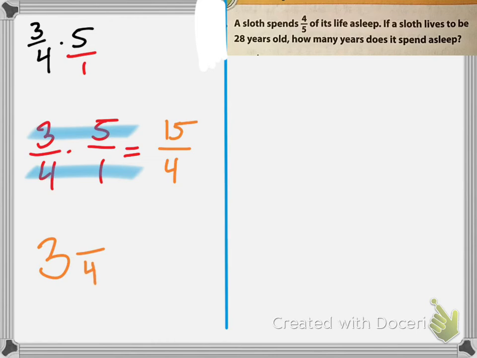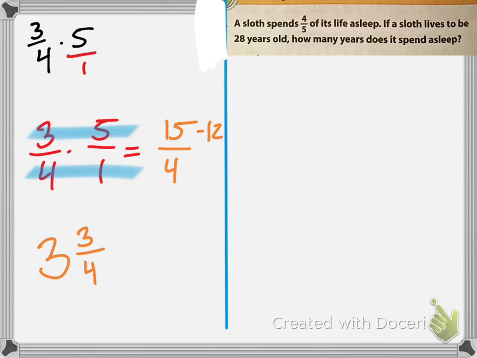What was 3 times 4, Lila? 12. So I'm going to take away 12. Ella, what's 15 minus 12? 3. Yep, that's our answer.